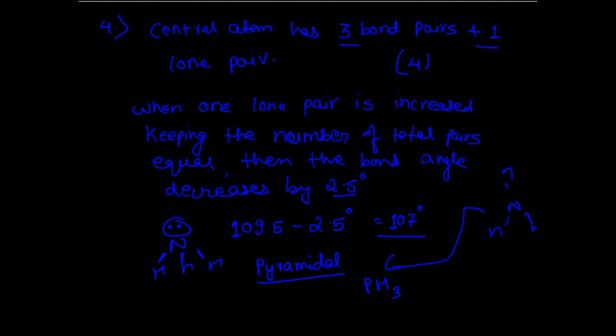Now try to deduce yourself what other examples fall in the same case. So what we have learned in this video is that whenever the total number of pairs is constant, but a lone pair increases, then our bond angle decreases by 2.5 degrees. Now what will happen when the central atom has 2 bond pairs and 2 lone pairs? Let's look at that too.